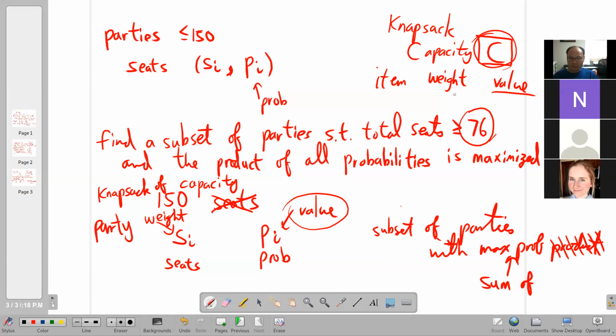But there's a problem, right? What is the problem? The problem is I kind of cheated. I told you that with knapsack you're trying to find the best sum of the values, but this is not knapsack, because the problem asks you to find the best product.